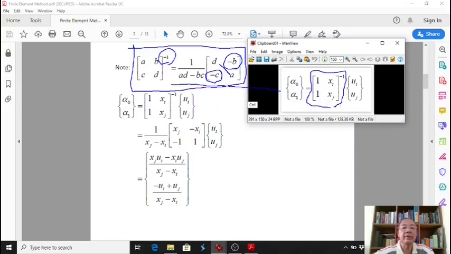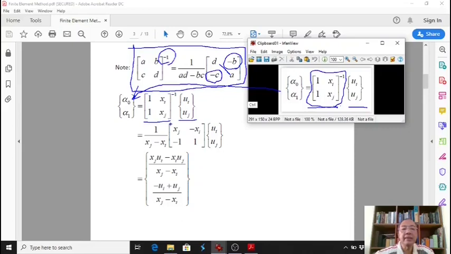Okay, so alpha 0 and alpha 1 are now equal to the inverse of this matrix just now, multiplied to ui and uj. So we use the inverse formula to find this matrix inverse.